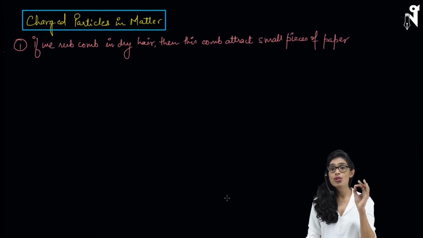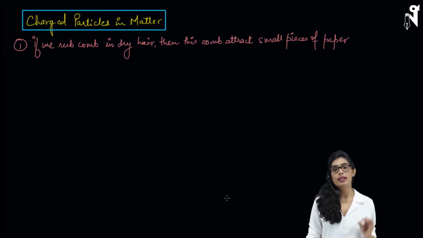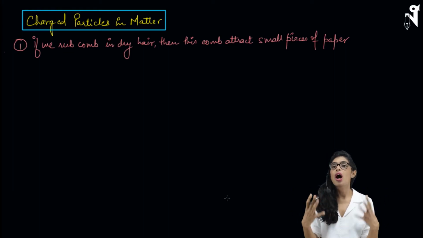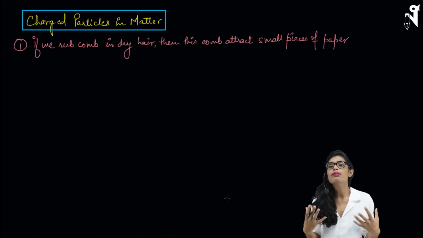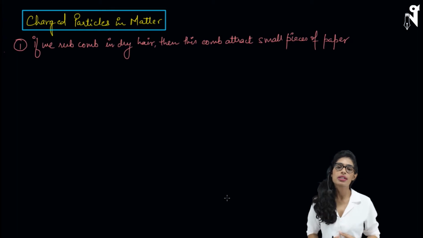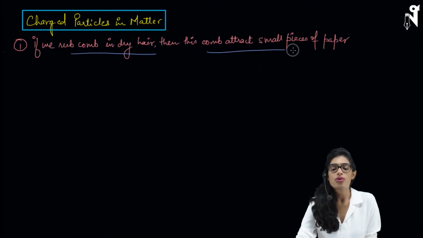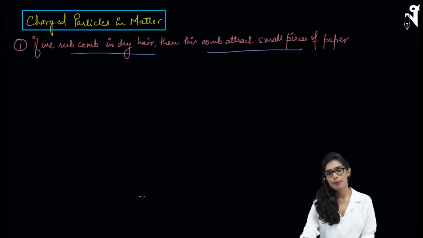As I mentioned, each atom contains negatively charged particles and positively charged particles, but that is what scientists have told you. How will you realize it? How will you feel that yes, there can be some charge inside matter, and how to feel the presence of that charge? So the first example is that if we rub a comb in dry hair, what we will find is that the comb will attract small pieces of paper.